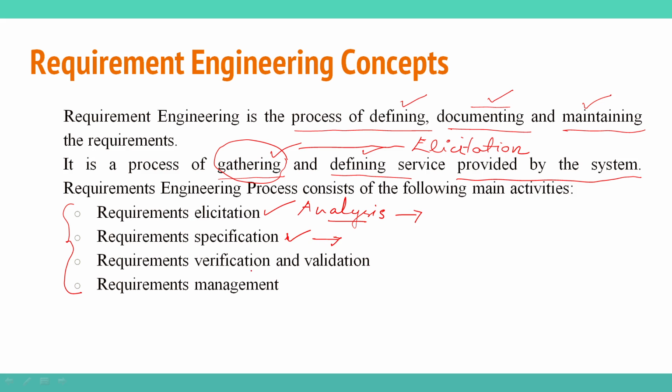And the third one is verification and validation. What is this process? Verification and validation means you have to make sure that whatever your client has told is exactly what you have understood, and all the requirements the user has given are in complete and consistent form. So this process is called validation and verification. And finally you have the management.